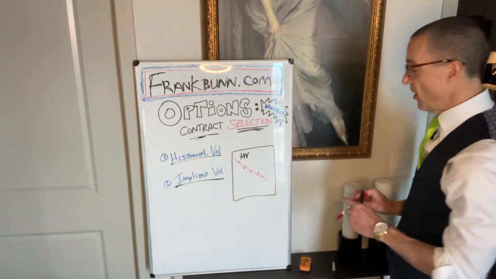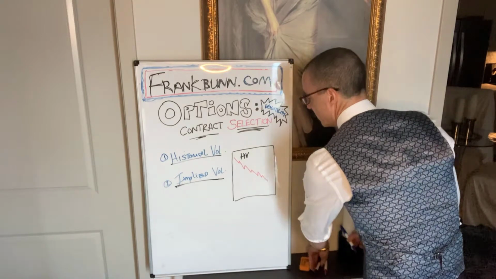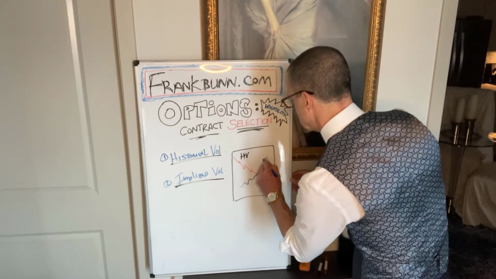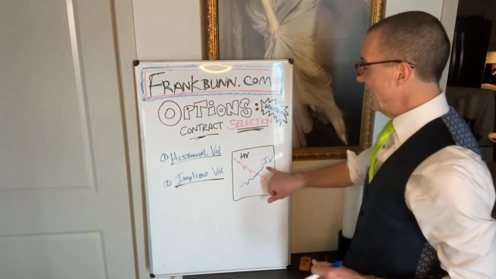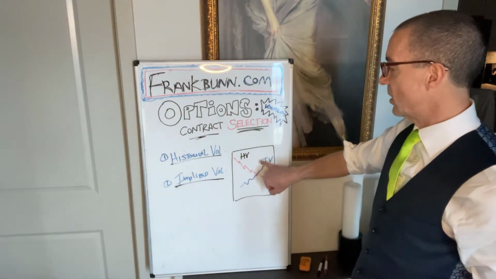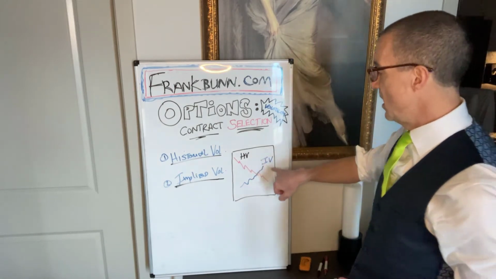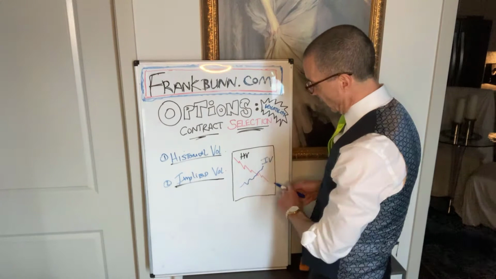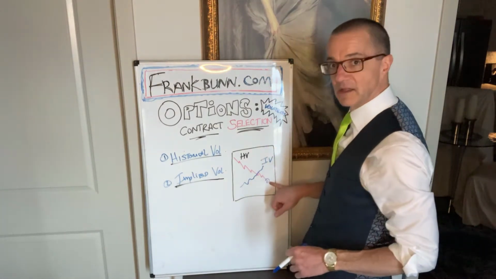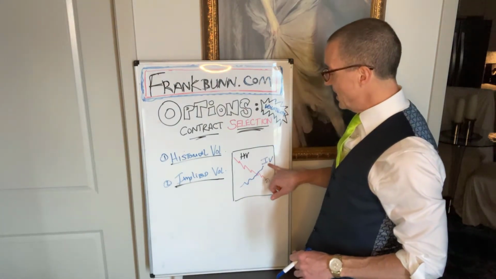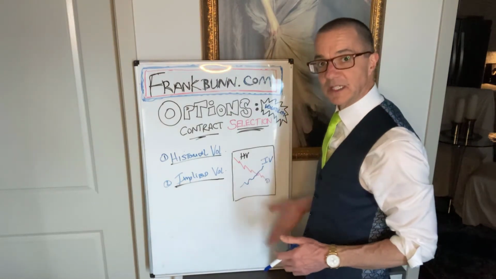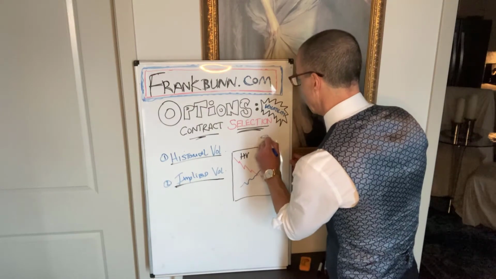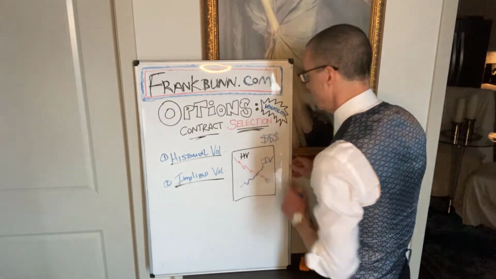Now, if implied volatility, which is IV, is greater than historical volatility, the option is considered to be expensive. That means you're taking a look at the current volatility in the underlying stock. But with implied volatility, the market is expecting movement. Because of that, premiums will be very expensive.